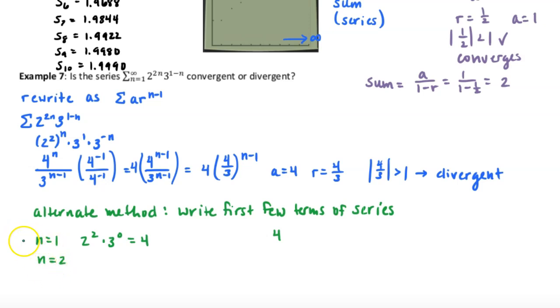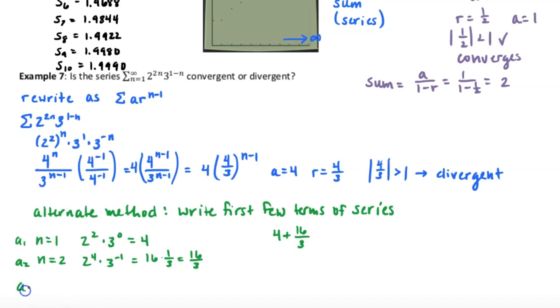So my first term of this series is 4. When n is equal to 2, or I can also call this A1, A2, however I want to call that. I'm plugging in a 2, I get 2 to the power of 4 times 3 to the power of negative 1. Well, 3 to the power of negative 1 is 1/3, and so this is going to be 16 times 1/3, which is 16/3. So A2 is 16/3.